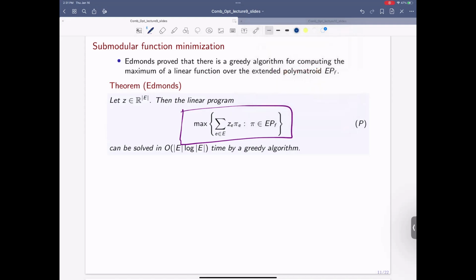The extended polymatroid is given by the set of vectors pi which satisfy this inequality for all subsets of E. Although there are exponentially many inequalities describing this polyhedron, still this extended polymatroid is a polyhedron. So you have a linear program with many inequalities.